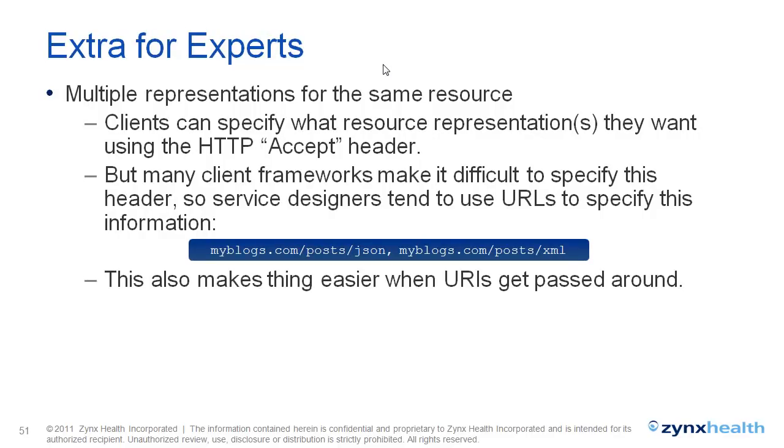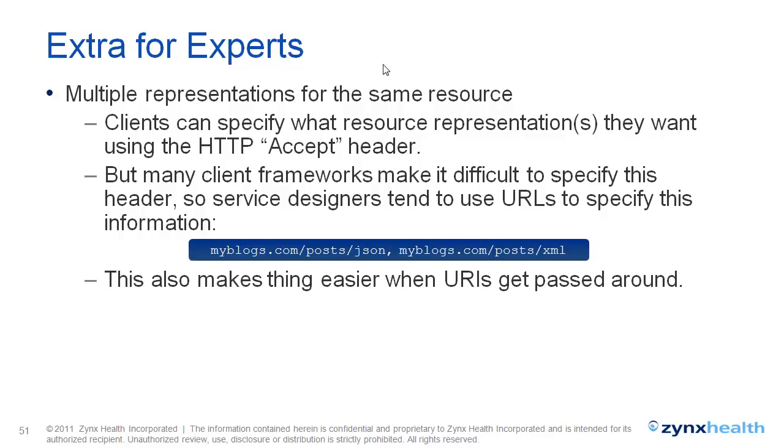And here are some additional design factors you could consider. For example, how you offer multiple representations for the same resource. In the request, there is an optional accept header in which you can state what representations, based on MIME types, you want or will accept.